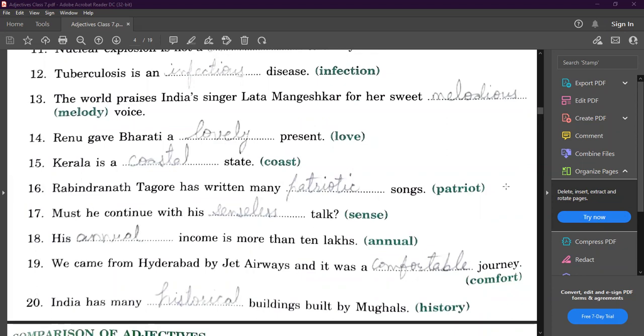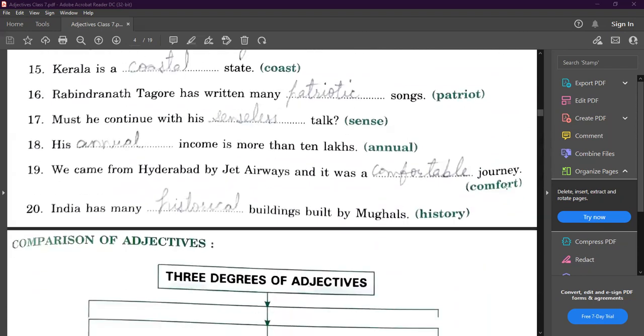Senseless, which has no meaning. His annual income is more than 10 lakh. We came from Hyderabad by Jet Airways and it was a comfortable journey. India has many historical buildings built by Mughals.